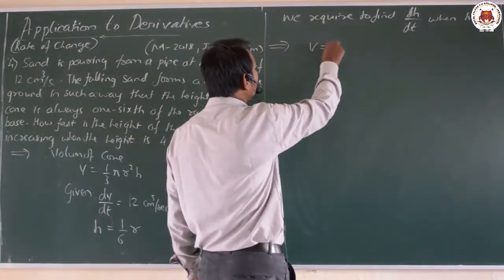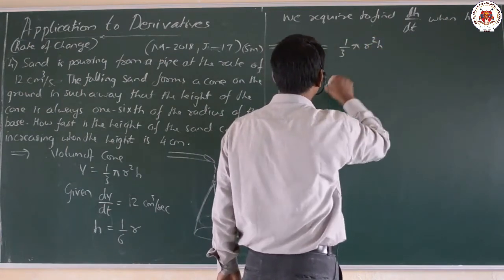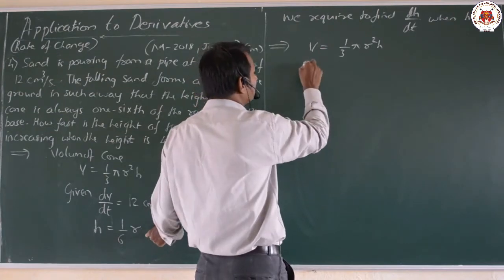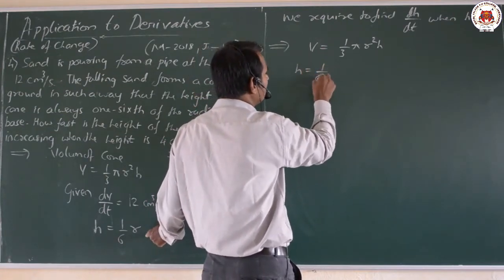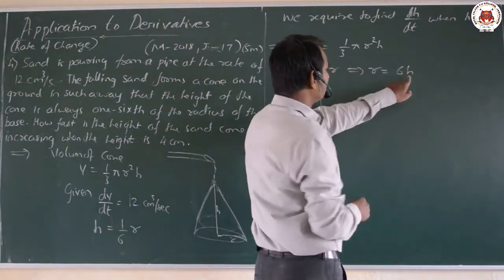V is equal to 1 by 3 pi r square into h. What he has given is h is equal to 1 by 6 into r, that implies r is equal to 6h. Put this value here.